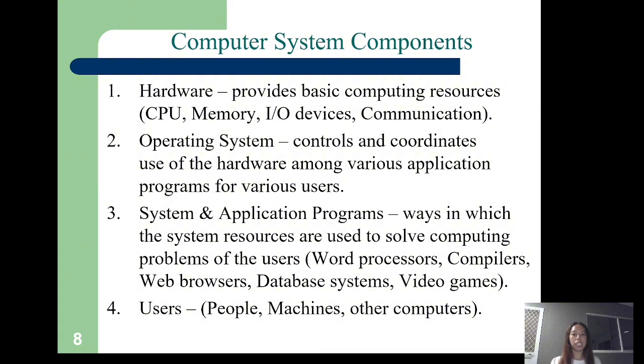A user is us, people. Types of users: first, people, the end user, the individual who uses application programs to perform tasks such as creating documents, browsing websites, or playing games. We are one example of a user. Then machines or other devices like printers and scanners, which are also users. And other computers.